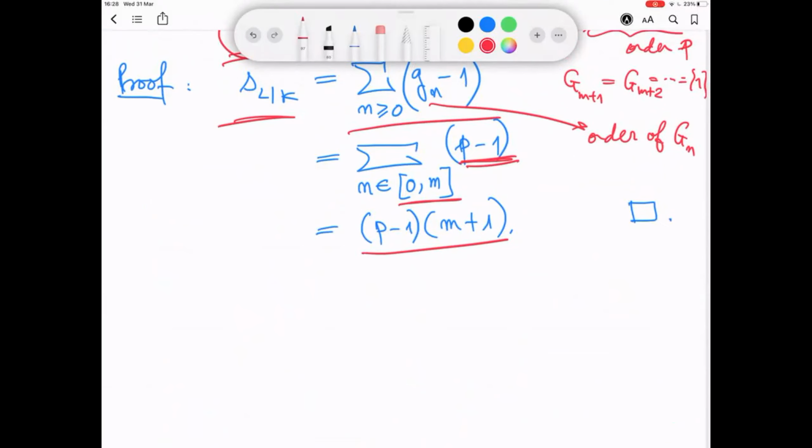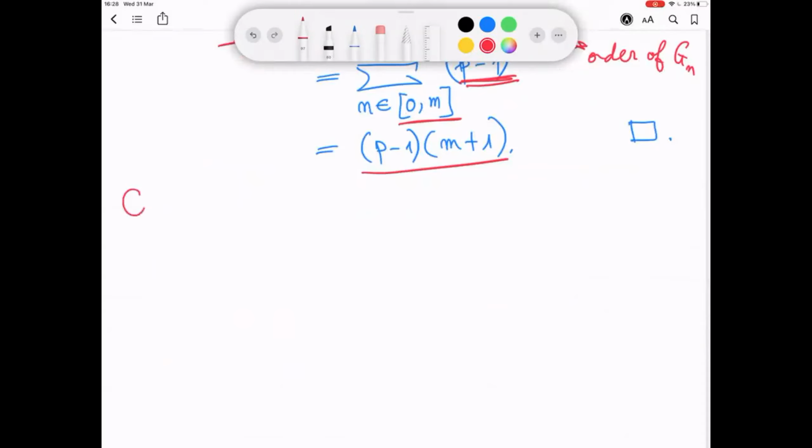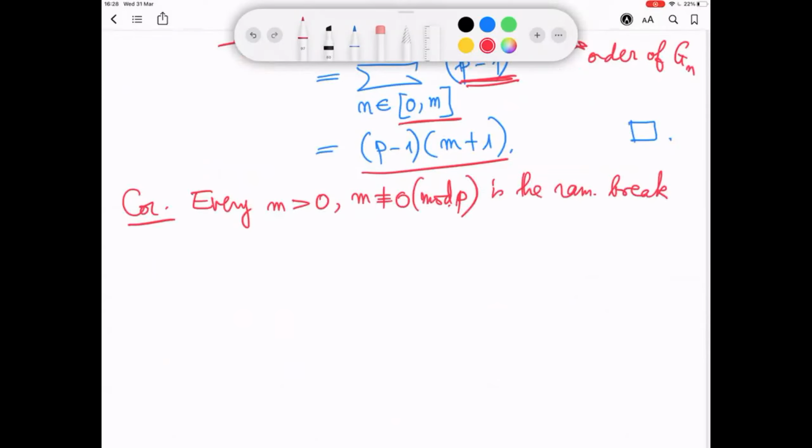One might mention a few corollaries. In fact, every integer m which is strictly positive and prime to p is the ramification break for some cyclic extension of K of degree p.